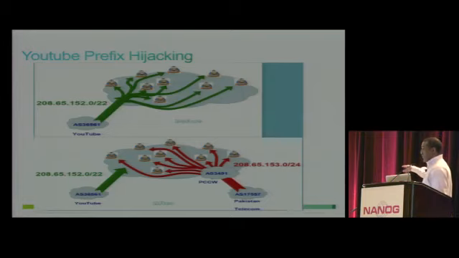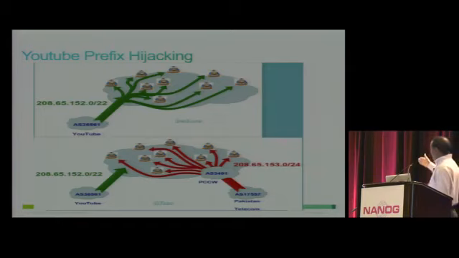And by doing that, any traffic that was going to YouTube ended up going to Pakistan Telecom. So obviously it's not good for Pakistan because it will overwhelm their network, and it was not good for YouTube because nobody was able to access YouTube service for, I think, part of a day or a full day.